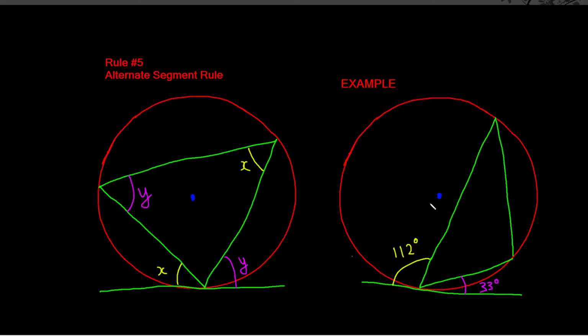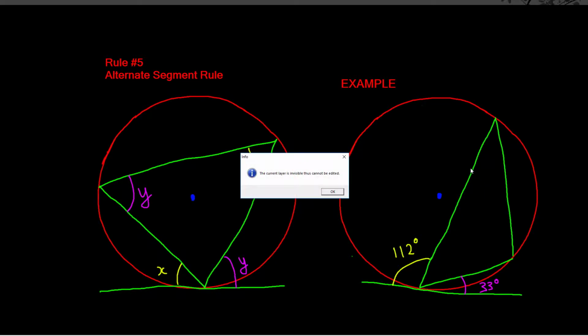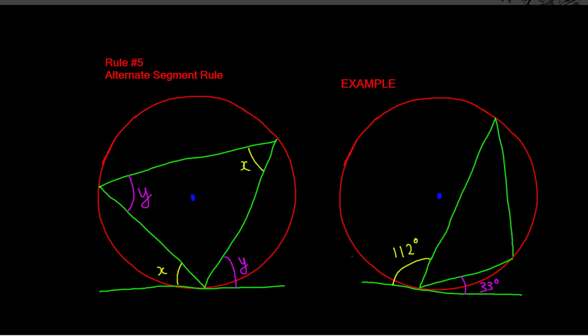So if we were to look at an example here, if this angle is 112, now notice that it will not pass by the center. A lot of people make the mistake of saying that this angle here is 112 as well, but this is wrong, because this is the direct neighbor of this angle here.